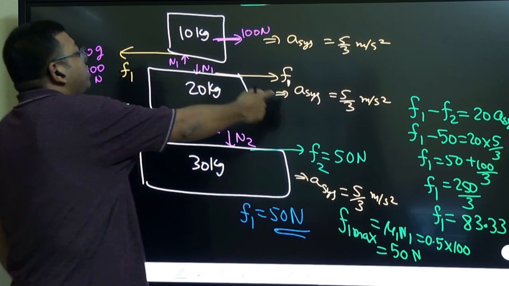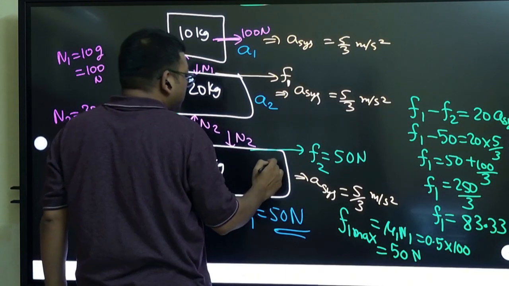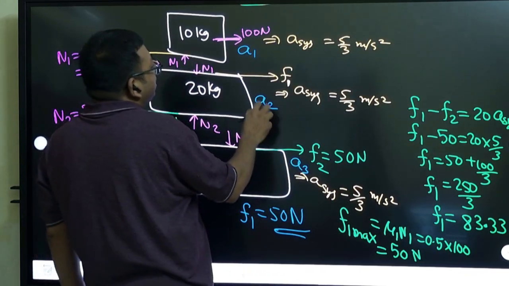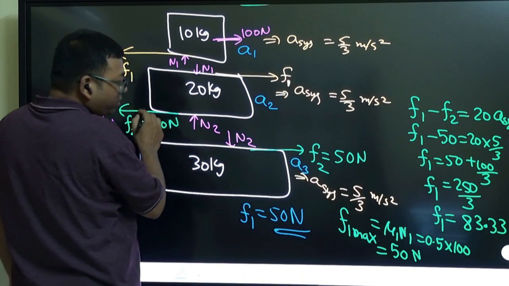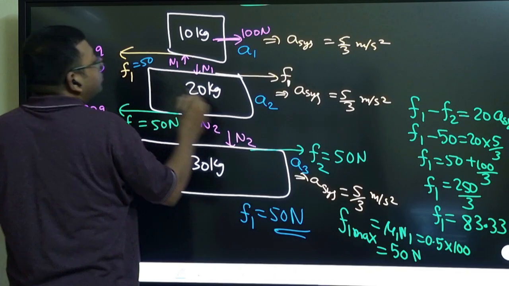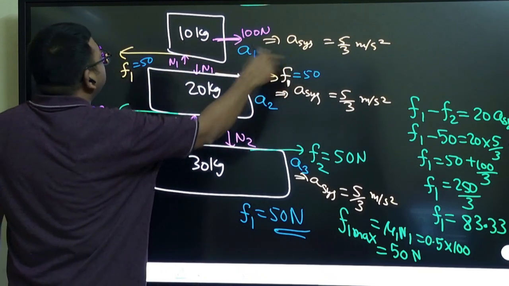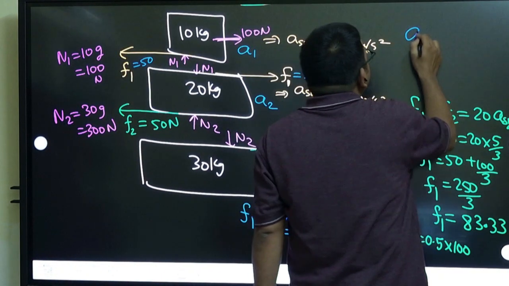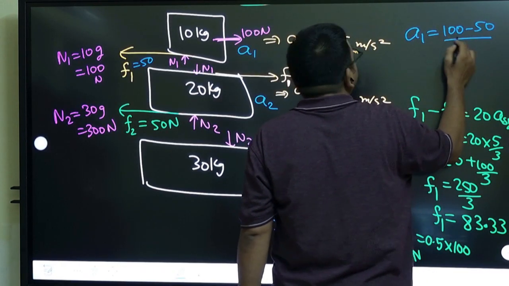Now we can calculate the acceleration. Let us say this is A1, this is A2, this is A3. A3 we have already calculated as 5/3, right? A2 and A1 we have to calculate. So now we got F1 acting as 50 Newton, 50 Newton. Now you calculate the upper one, A1. So 100 minus 50, that is the net force, right? So A1 you can calculate easily. 100 minus 50, total force, divided by mass, which is 10.